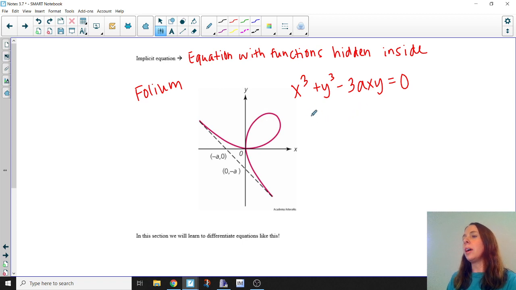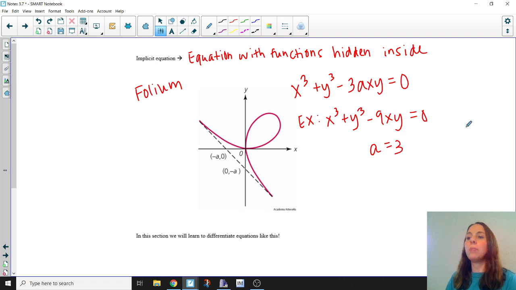An example of this might be something like x cubed plus y cubed minus 9xy equals 0. And in that case, your a value would be 3. So you could graph that and see what that looks like. You could change the 9 to another number and see what happens. Again, I just think it's pretty cool.